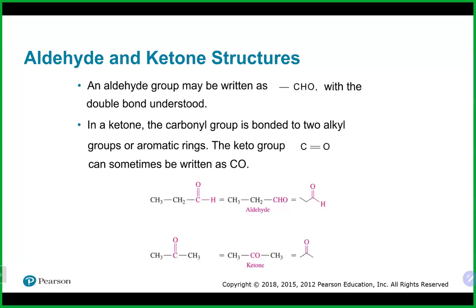Now, when we draw aldehydes or ketones, we could draw it just like we normally do. I would say even in condensed form, most of the time people will still draw out that functional part of it.